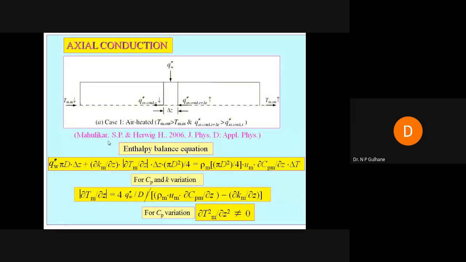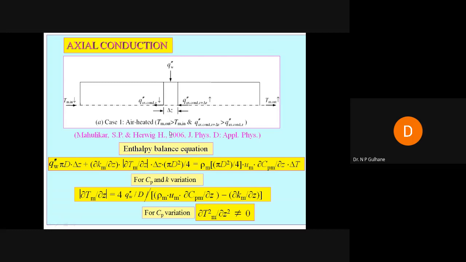And why is this happening? Because of the stronger axial conduction effect, which is calculated based on the enthalpy balance equation for Cp and K. Axial conduction is because of temperature-dependent properties, and it comes under the direct effect because of Cp and K variation.